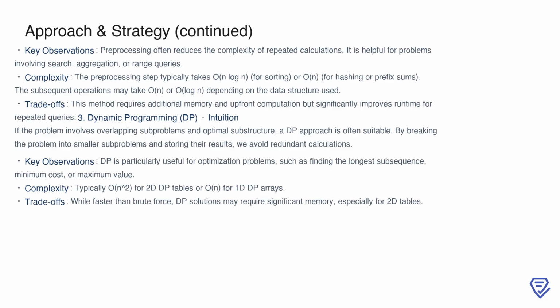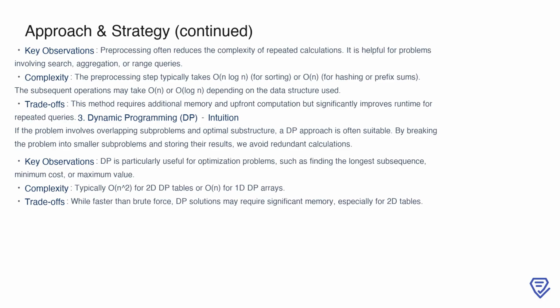The time complexity of pre-processing typically depends on the specific technique, such as O(n log n) for sorting or O(n) for hashing and prefix sums, while subsequent operations are often reduced to O(n) or even O(log n) when using efficient data structures. While pre-processing does require additional memory and upfront computation, the benefits in runtime efficiency for repeated queries often outweigh these costs.